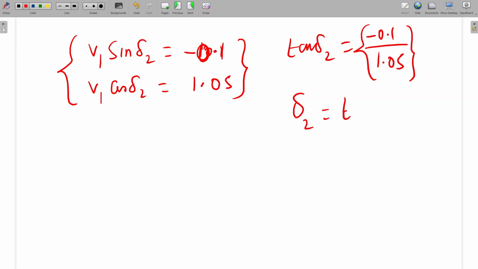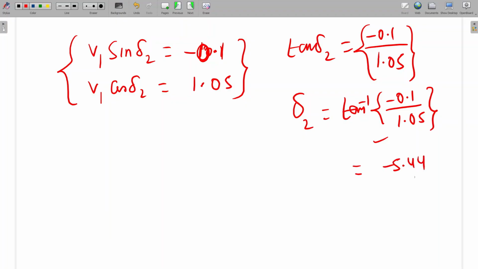Delta 2 will be tan inverse of minus 0.1 divided by 1.05. Can anyone calculate this value? Minus 5.44 degree. Yes, correct.